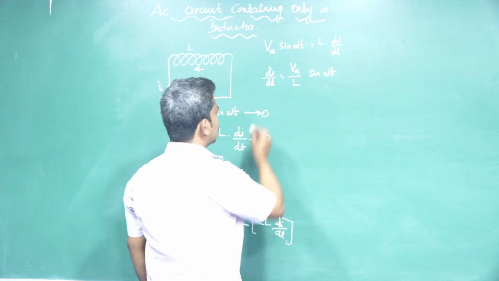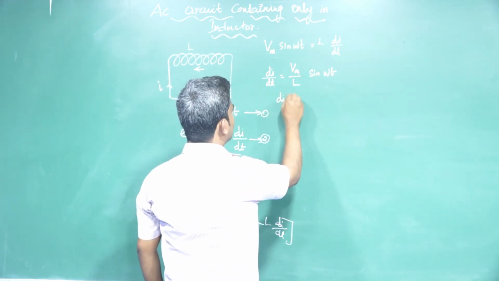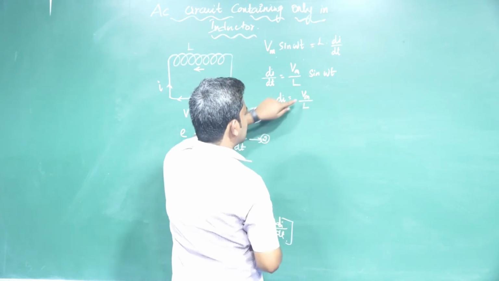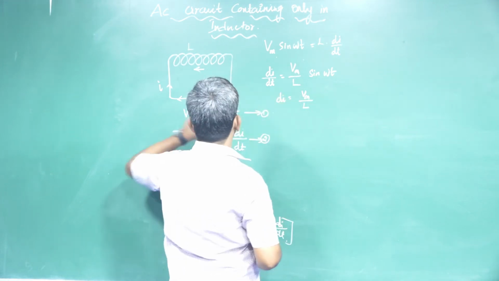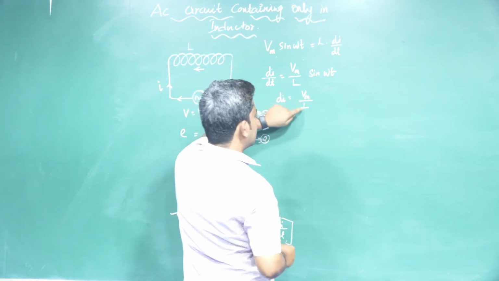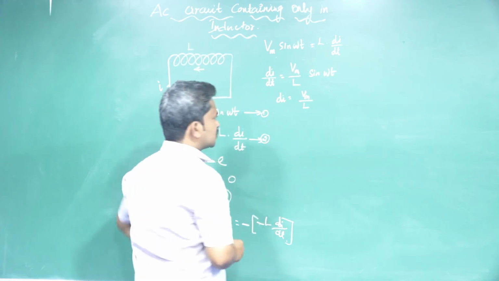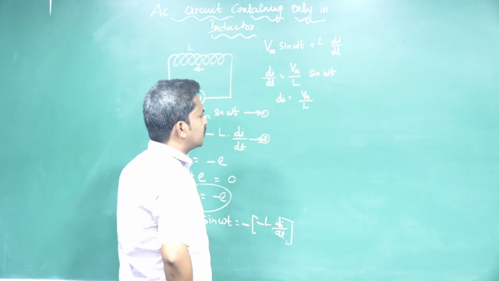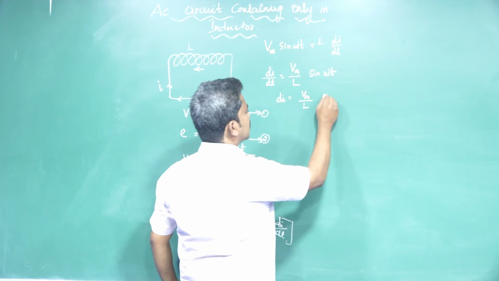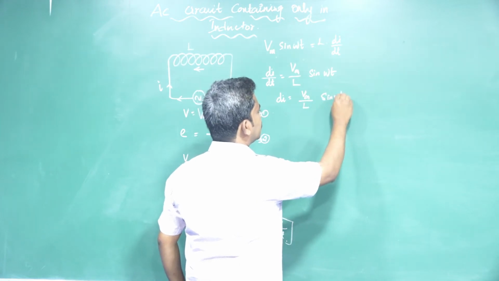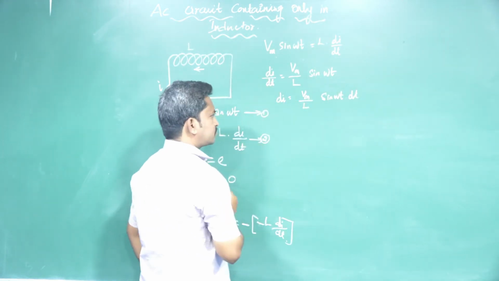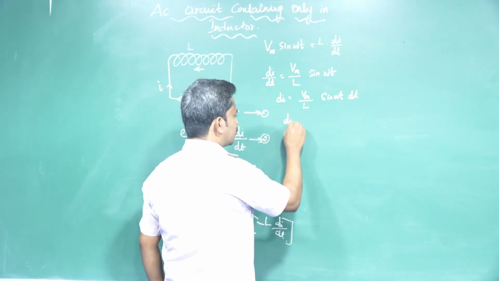Vm is the maximum voltage in alternating current and is a constant, and L is the self-induction of the coil, also a constant. So di is equal to Vm divided by L into sin omega t into dt.